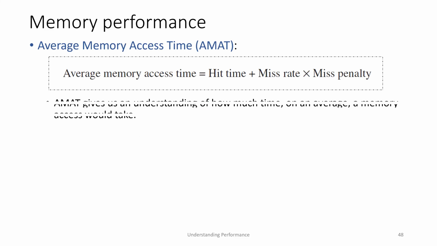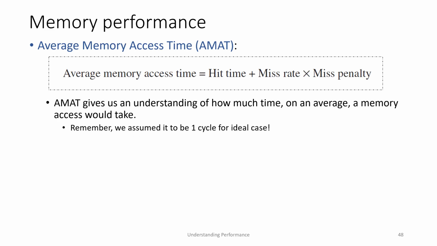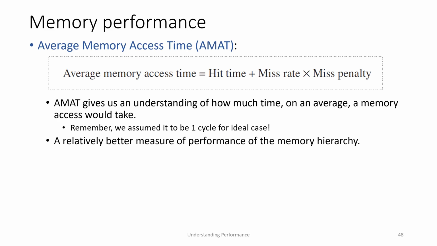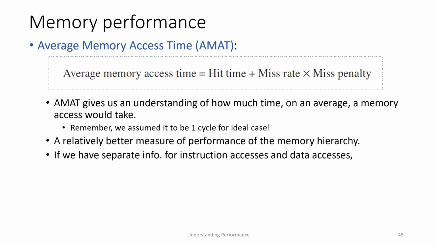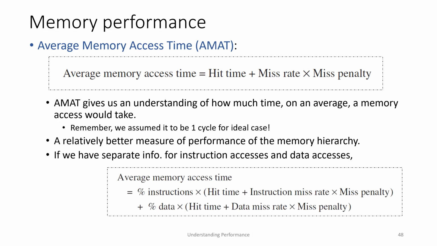Now, if we extend AMAT, the best case AMAT is that it will just take one cycle to respond and get the data. If we have two different caches, instruction and data, then we split the AMAT further. Okay, in interest of time, I'll skip that.